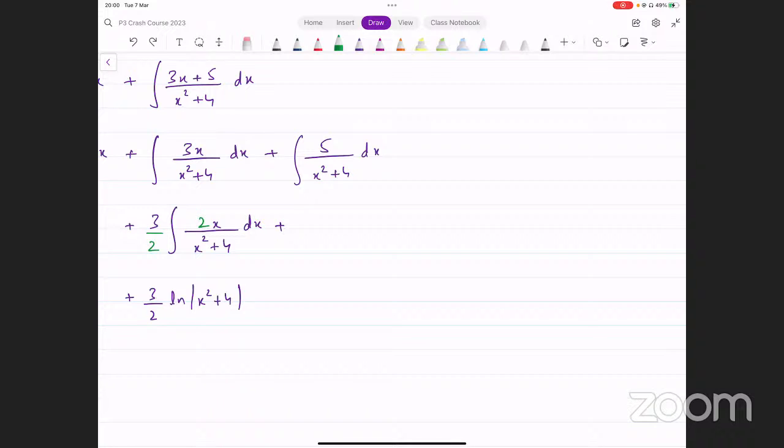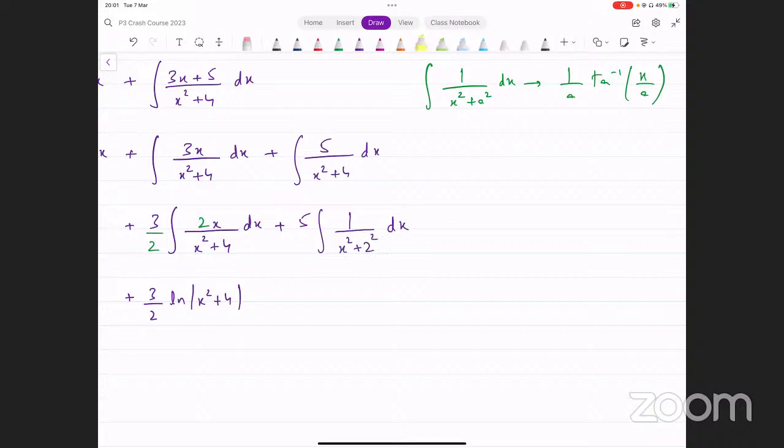The tan inverse form looks like this: the integral of 1 over (x squared plus a squared) is given by 1 over a into tan inverse of x over a. So we have a constant in the numerator. We could write that constant outside. Inside, we have 1 over (x squared plus 2 squared).